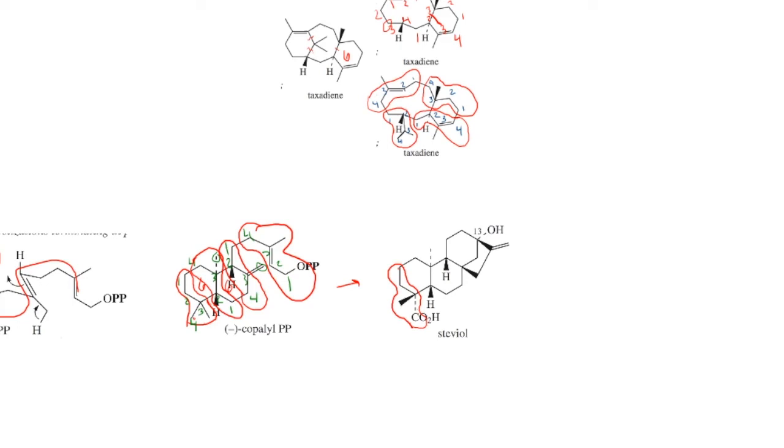Let's go ahead and number some stuff. 4, 3, 2, 1. 4, 3, 2, 1. Here's your methyl group. 4, 3, 2, 1. There's your methyl group. And then 4, 3, 2, 1. And then there's your methyl group. All right, so let's go ahead and circle her up.